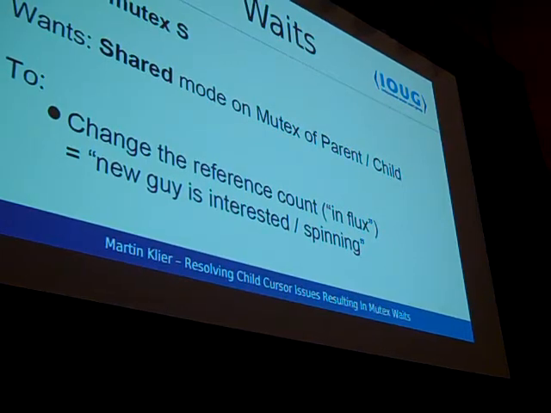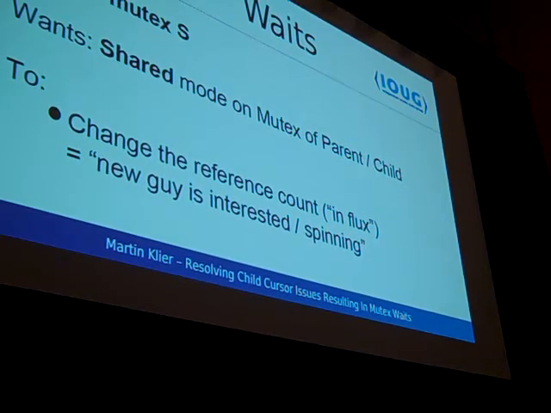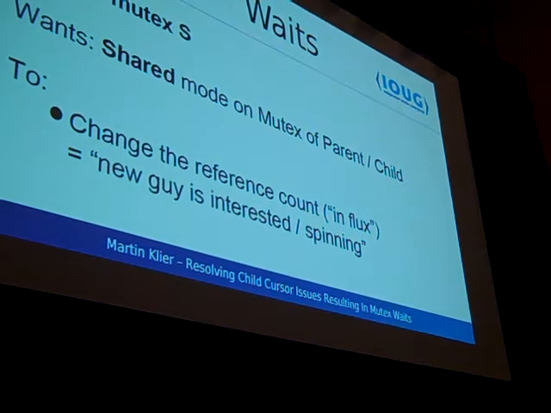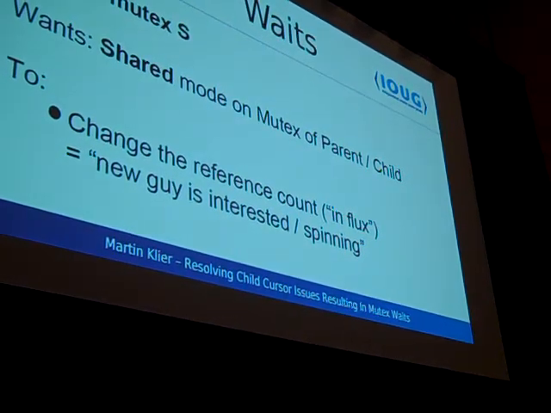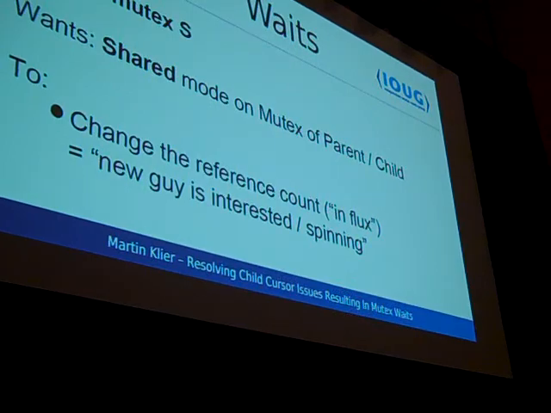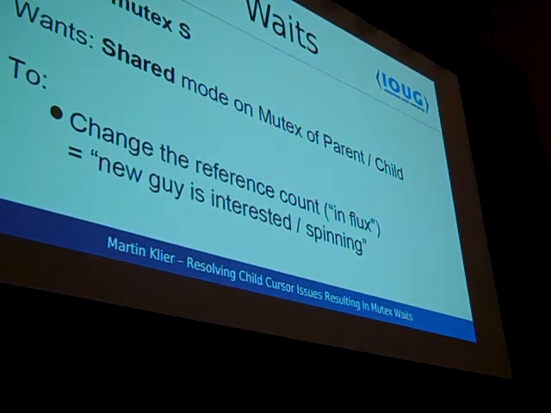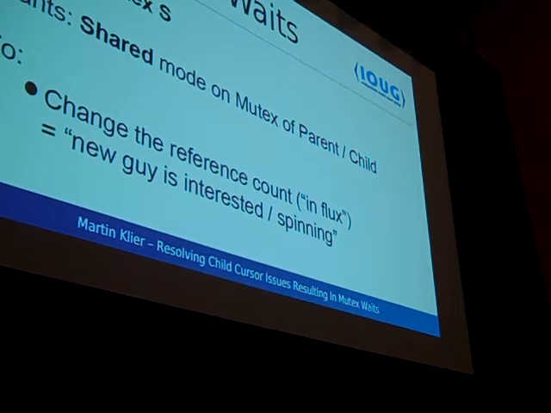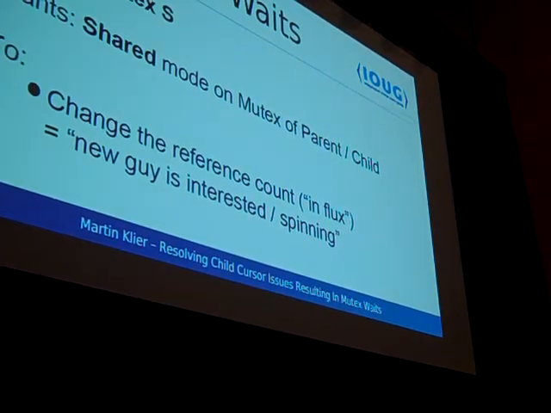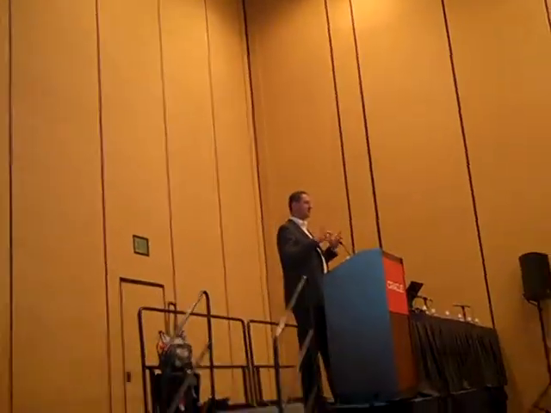When I want to have shared access to the mutex, or whenever I'm using the library cache object. Using is basically a read operation, but every time a new session, a new parsing process wants to access this very same SQL ID, it's getting in flux.